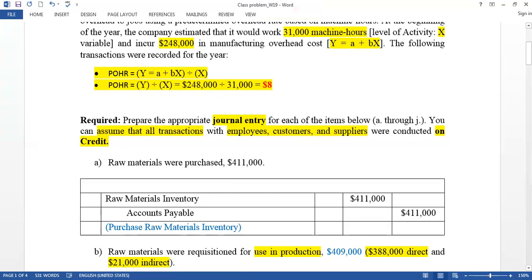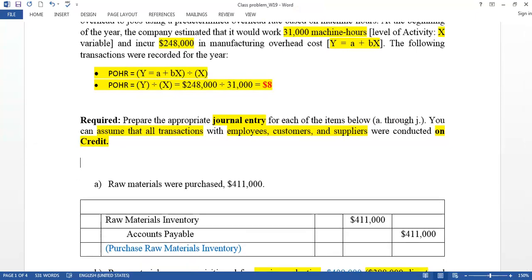In the exam, I may prepare a question like this. Some transactions are related with cash and some transactions are related with credit.